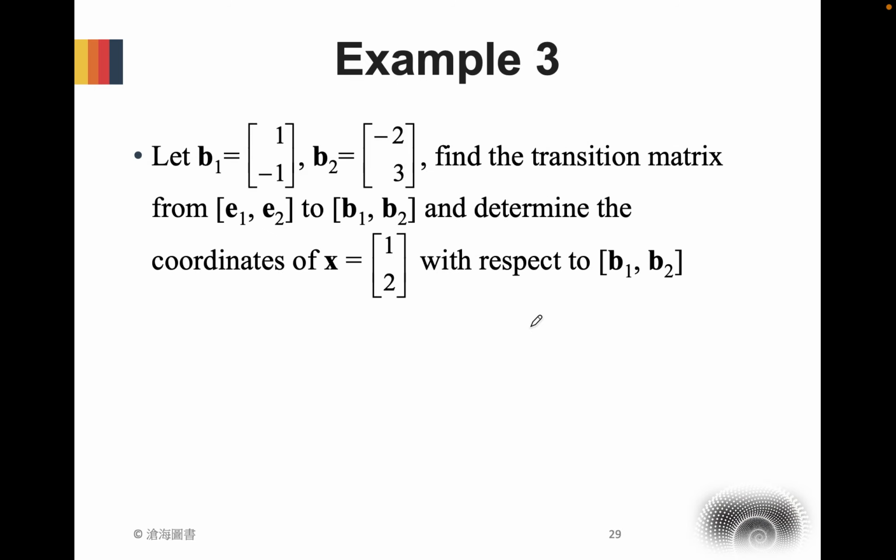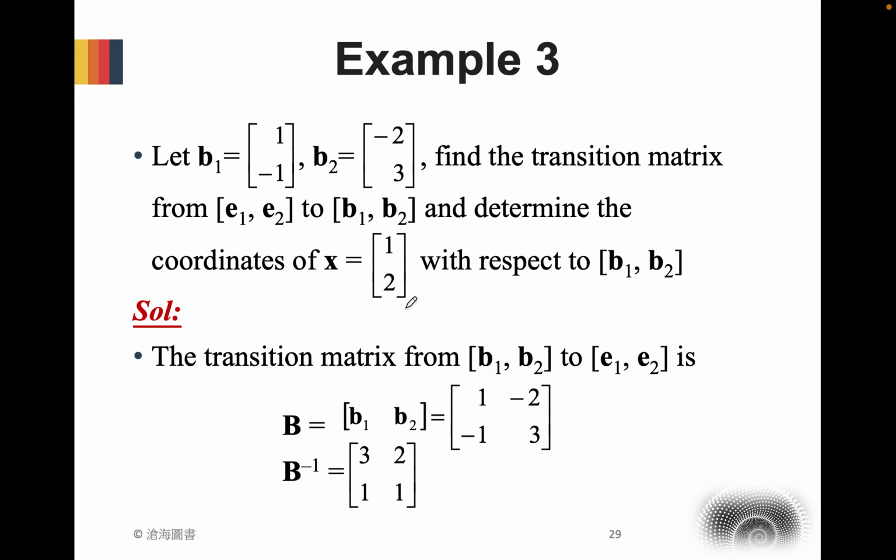Okay. So let's see some other example. Let B1 and B2 be these two vectors, and find the transition matrix from E1, E2 to B1, B2, and determine the coordinate of X with respect to B1, B2. So this example is similar, right?